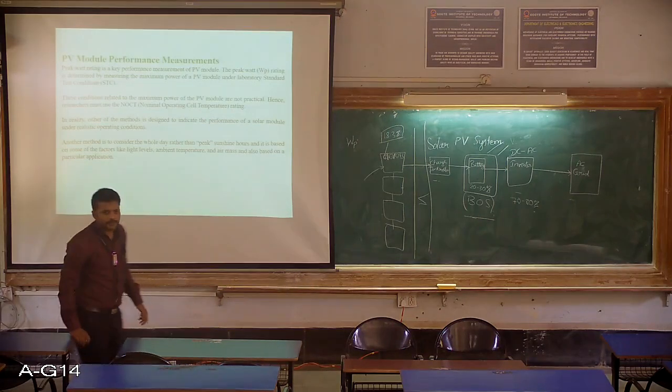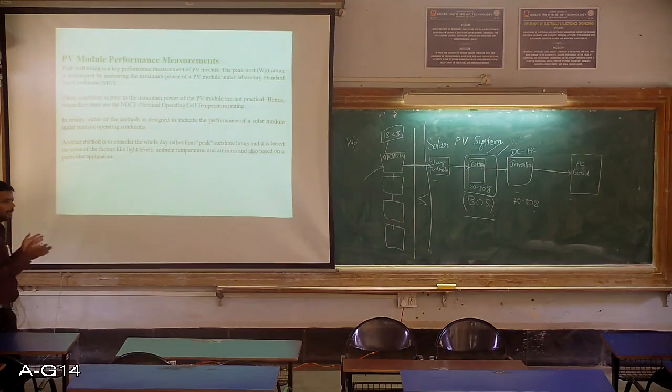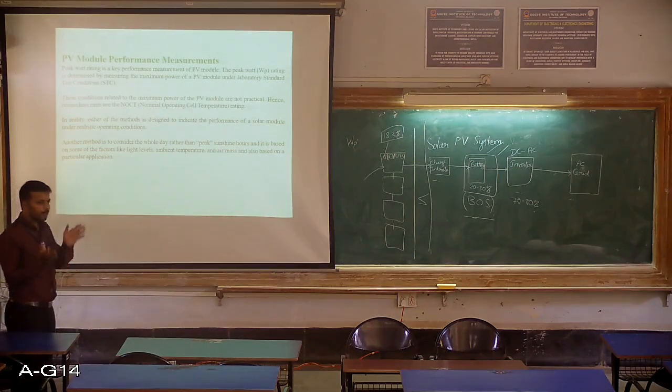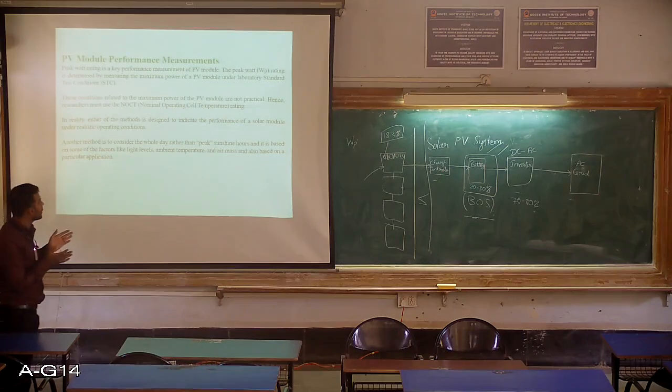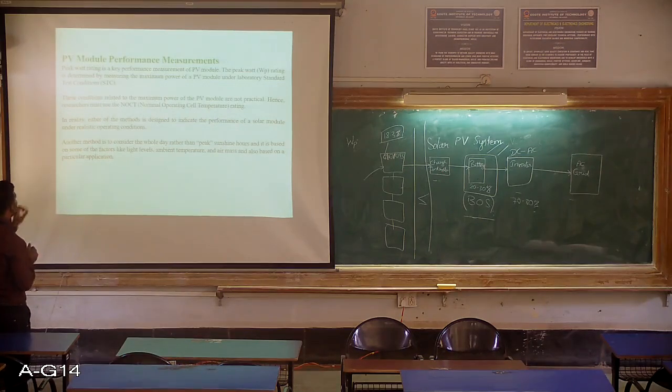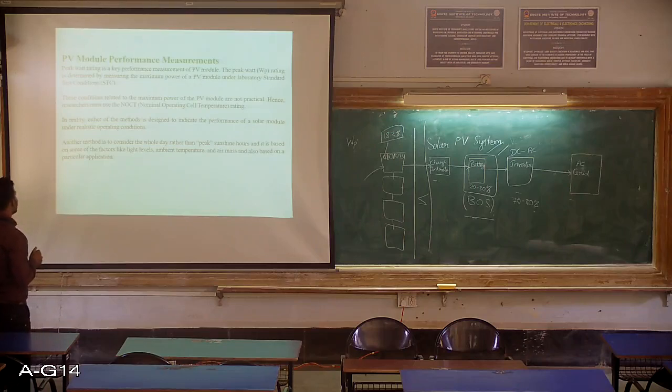This peak watt rating is always mentioned in the models, but we should not rely on it, because it depends on laboratory conditions. Peak watt rating is determined by measuring the maximum power of the solar PV module under the laboratory standard test conditions, STC.